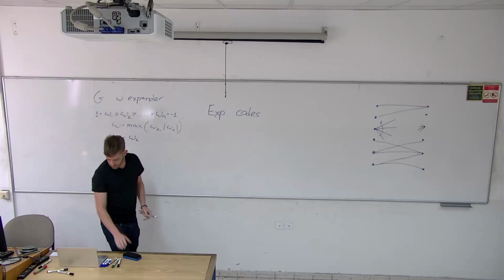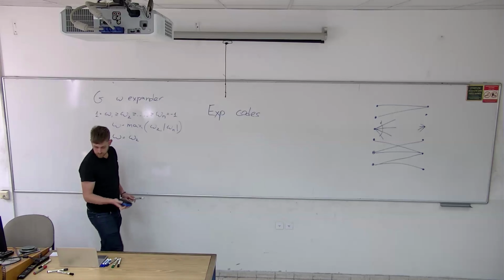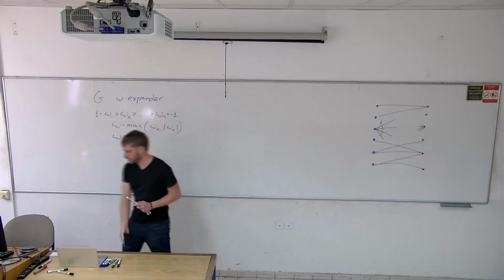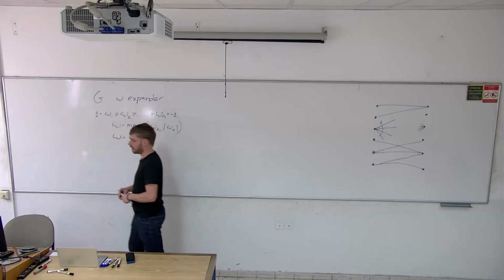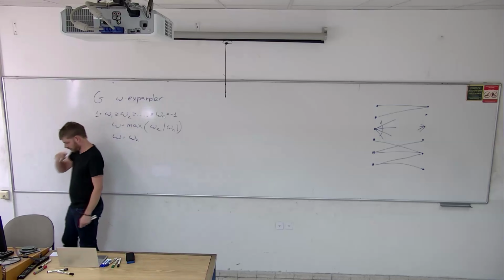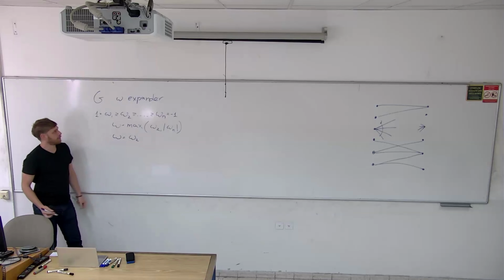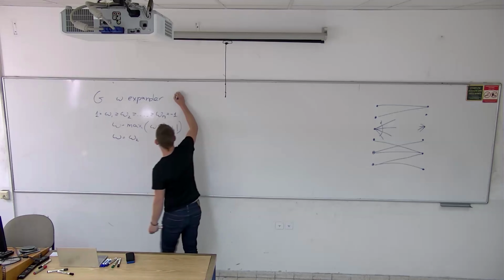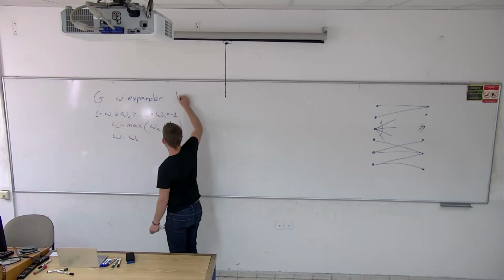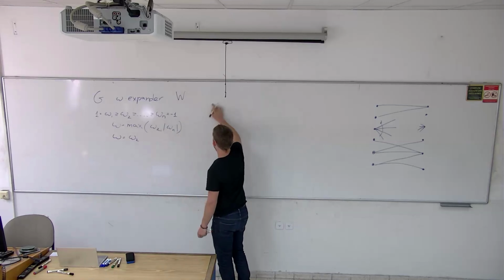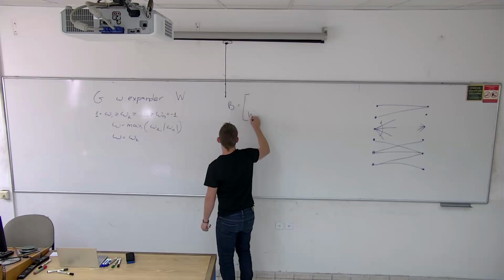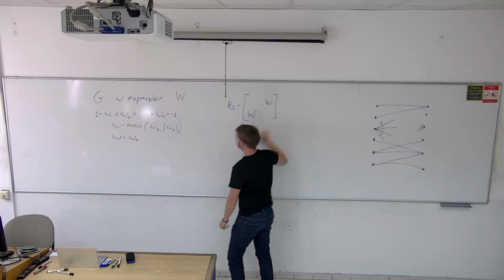Okay, so how can we generate such expanders? So let's say we have one expander G with random walk matrix W. So we can define the adjacency matrix B, which looks like this.